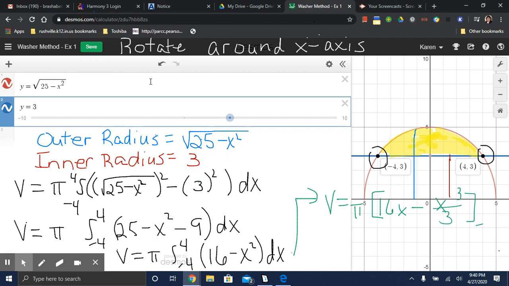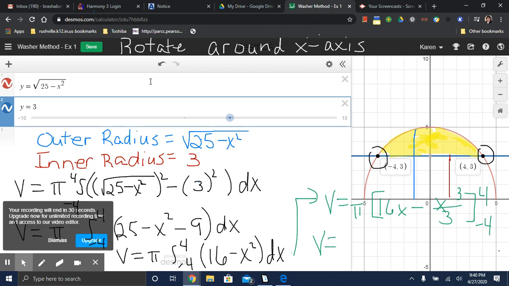And this is evaluated from -4 to +4. And since I'm running out of space, I'll just trust that you can do the fundamental theorem of calculus, plugging in your 4 first, and then plugging in the -4. And your final answer for this volume is 256 pi over 3.